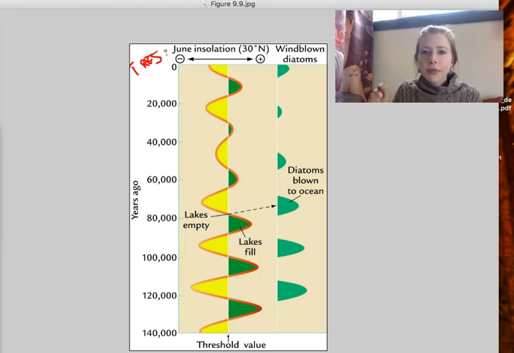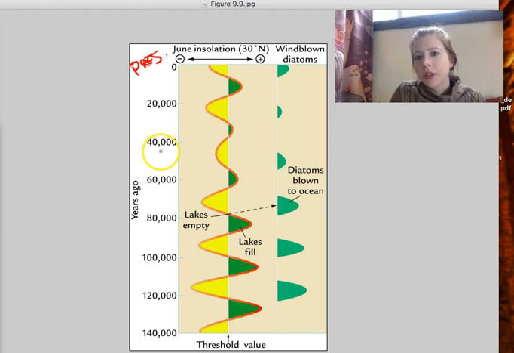And then lower down, as we move back down the y-axis, we're looking at 140,000 years ago. So we're looking at monsoon patterns over Africa in this image. And you could see that we get this cycle that matches up pretty well to patterns of precession.